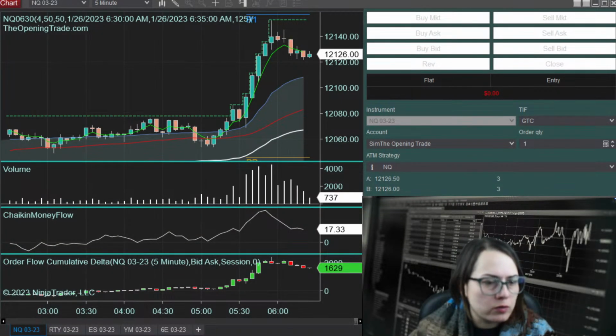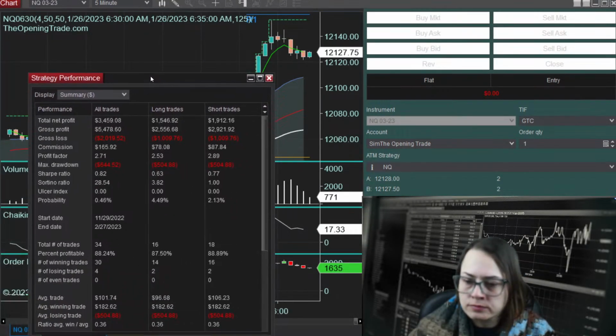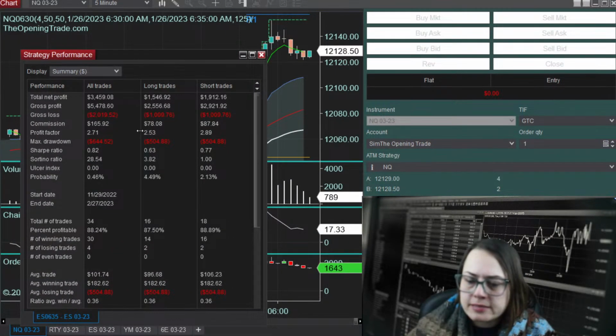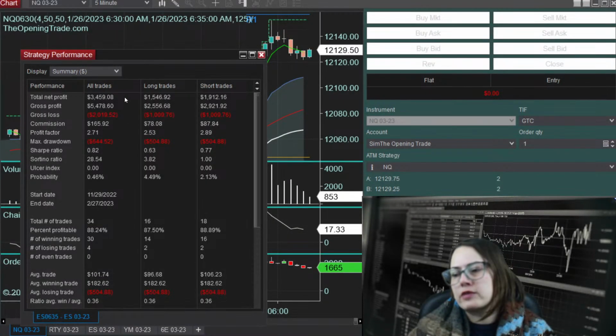Five minutes later, we would see if the parameters are met for our next two automated trades. This is for the S&P 500. So here we have our start and end date, the growth, the max drawdown, the gross loss, the gross profit, and the total net profit there.